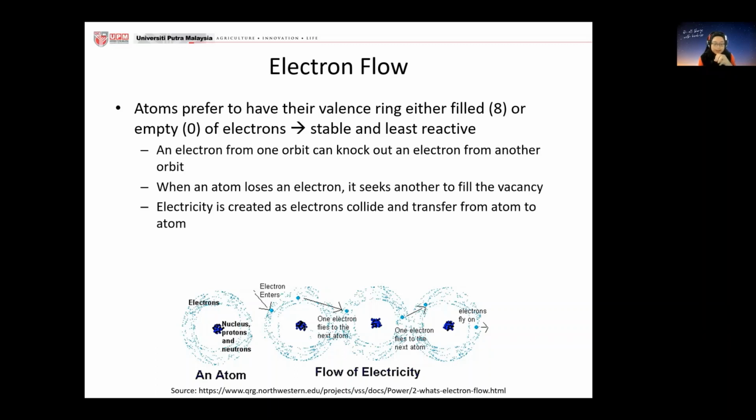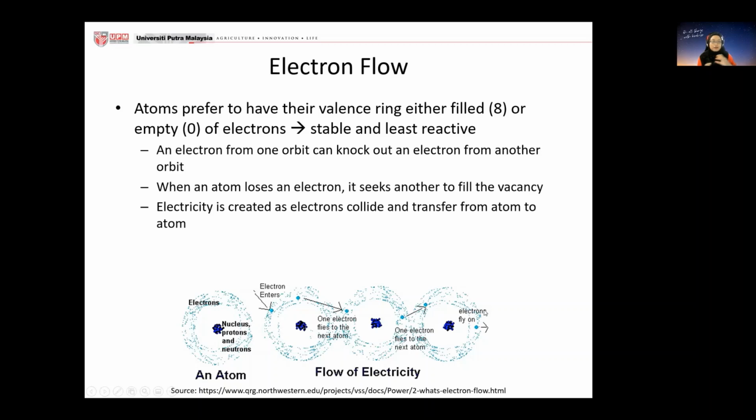So if you have something like that, imagine this is your wire and your atom is structured in such a way. So you have an electron which moves. It transfers from this atom to the next, displaces another atom here, and that atom will go to the next one, and the next one, and the next one.